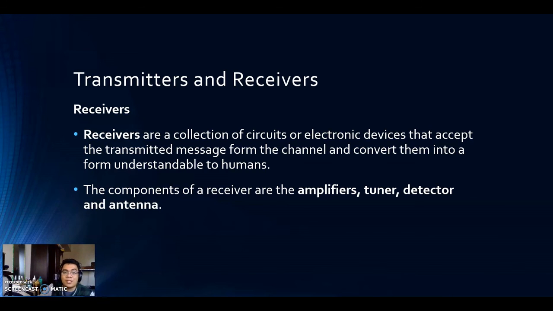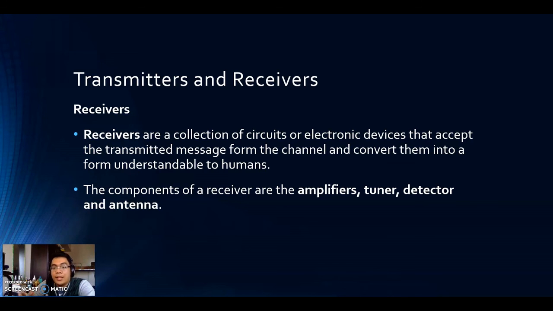The components of a receiver are the amplifiers, tuner, detector, and antenna. To explain the parts of these receivers, an amplifier is a device that takes an audio signal and amplifies it so that your speakers can use it to play the audio.